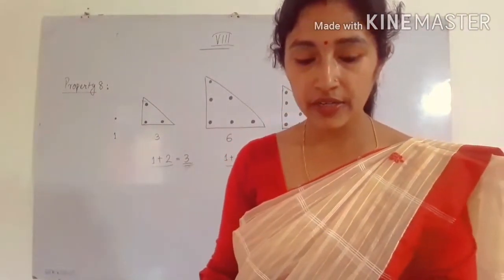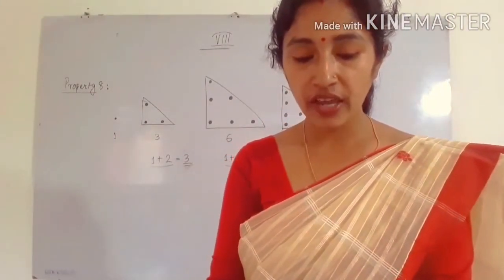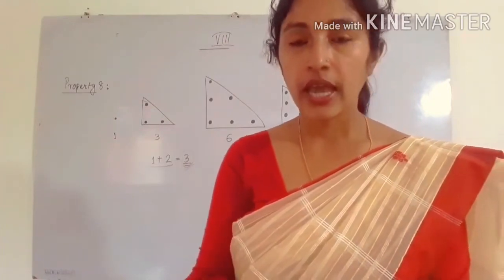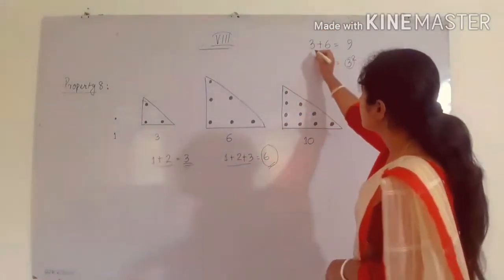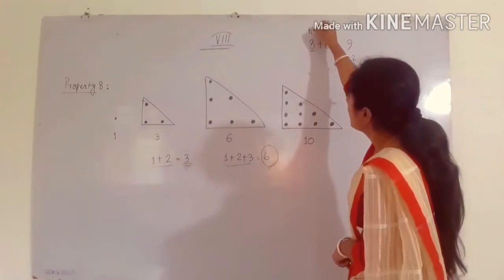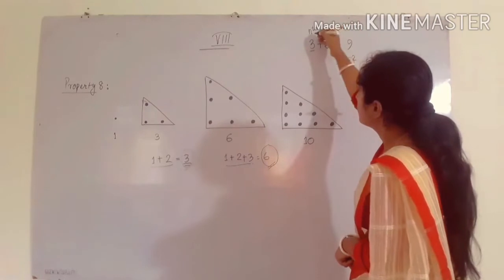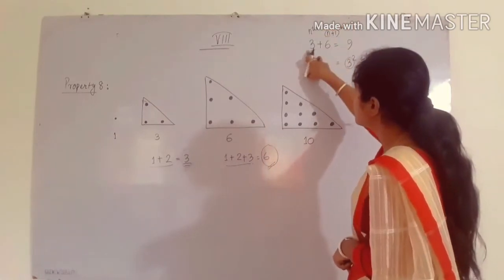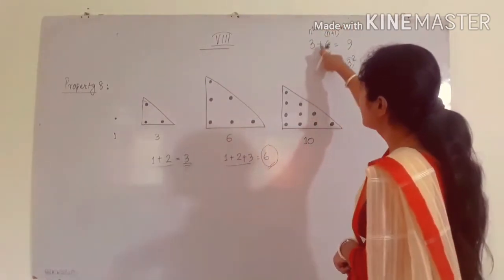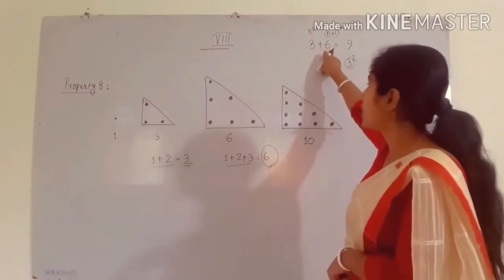It is written: if n is a positive number, the sum of the nth and n plus 1th. Nth means this is nth. Okay. And this is n plus 1th. Means this is more than 1. This is my first consecutive triangular number and this is my second consecutive triangular number.